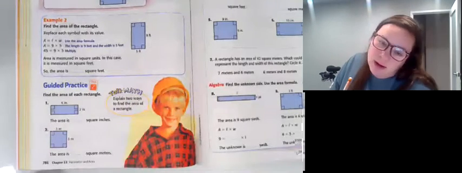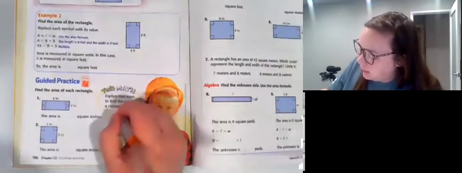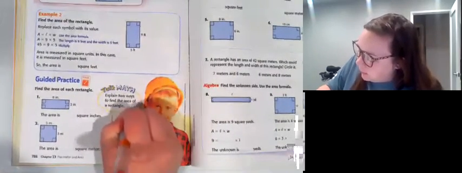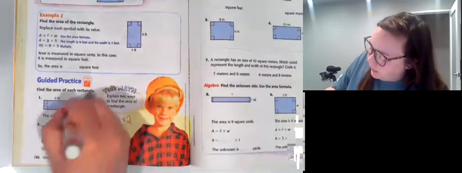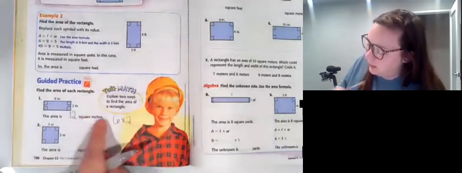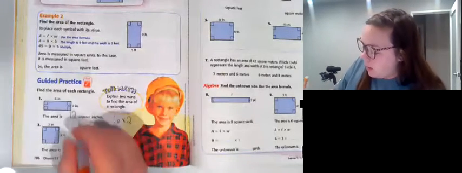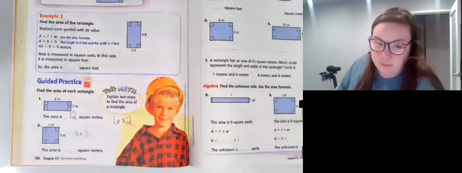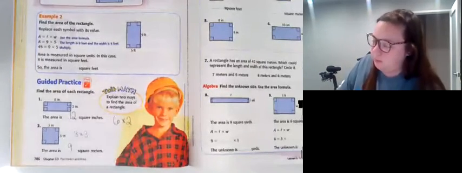If you still need to, you can, but I would like you to try and challenge yourself and just do the multiplication, because here it would be 6 times 2. So our area is 12 square inches. Here we have 3 times 3, which is 9 square meters.